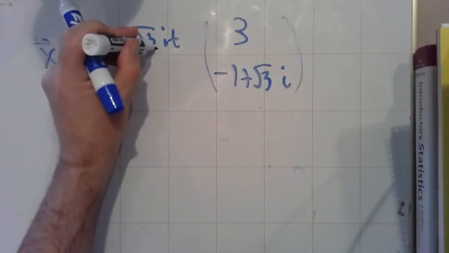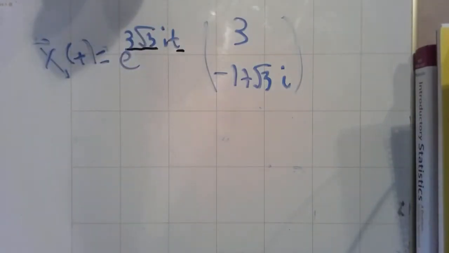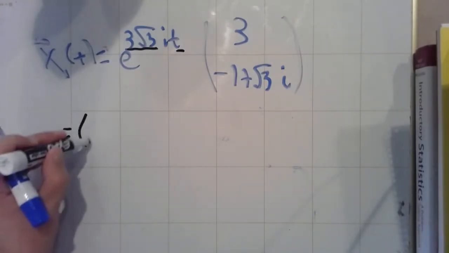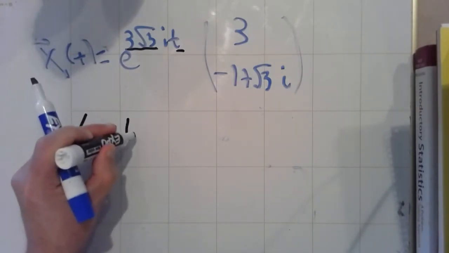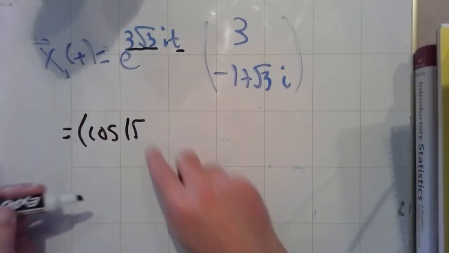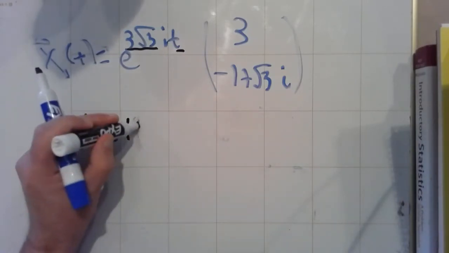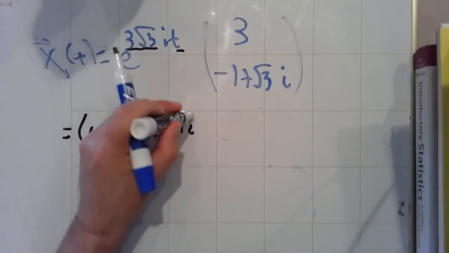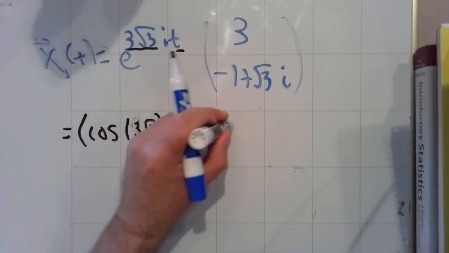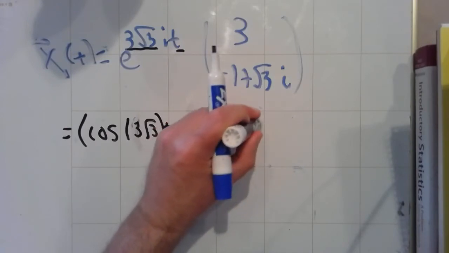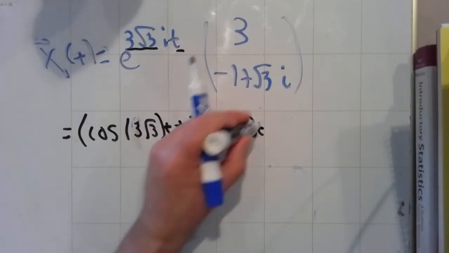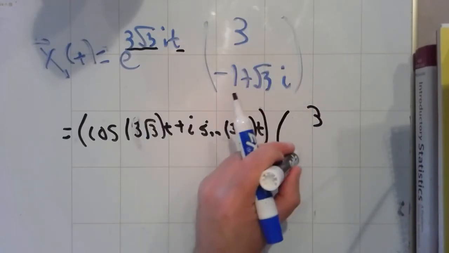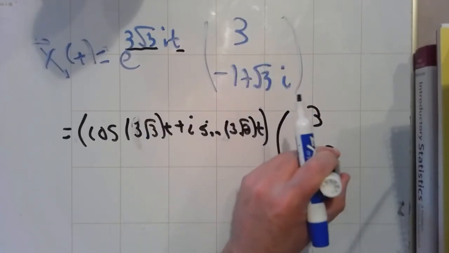So here is what's playing the role of theta, and there's my i. So this will equal cosine of 3 root 3t plus i sine of that same argument, 3 root 3t, times this vector, 3, negative 1 plus root 3i.